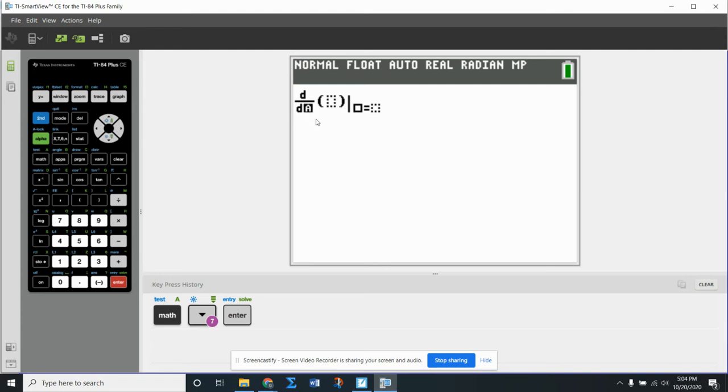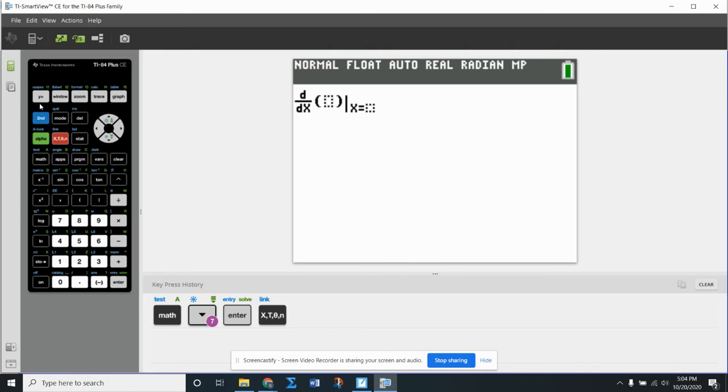In this form, since I have a brand new calculator, it gives me a nice wizard on where to input things. Here, I need to tell it what variable I want to differentiate with respect to. I'm going to differentiate with respect to x, and then I need to type in my function.